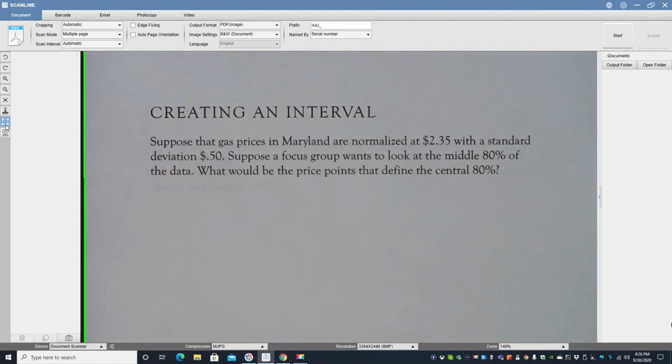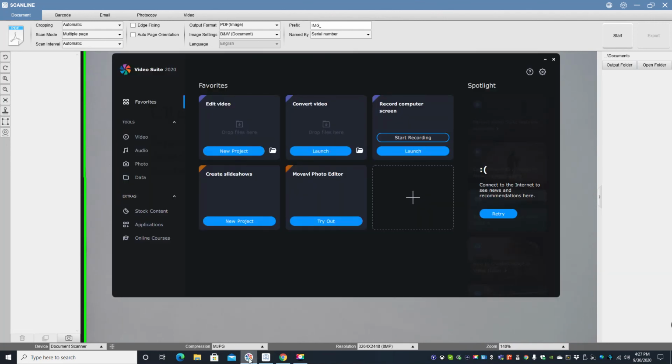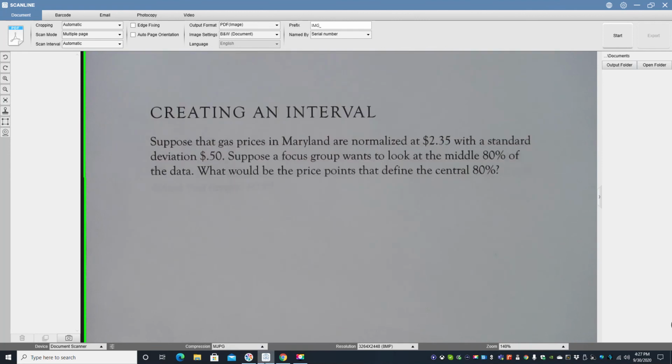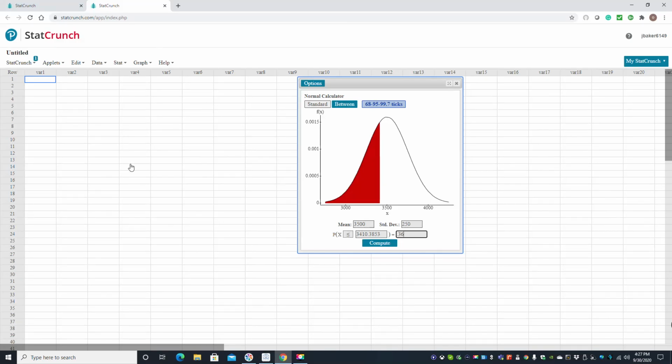Last thing, suppose I want an interval of ranges. So just going back to the same thing, suppose the gas prices in Maryland are normalized at $2.35 with a standard deviation of 50 cents. Suppose a focus group wants to look at the middle 80% of the data. What would be the price points to define the central 80%? But if I go in here again, I'm going to go between this time.